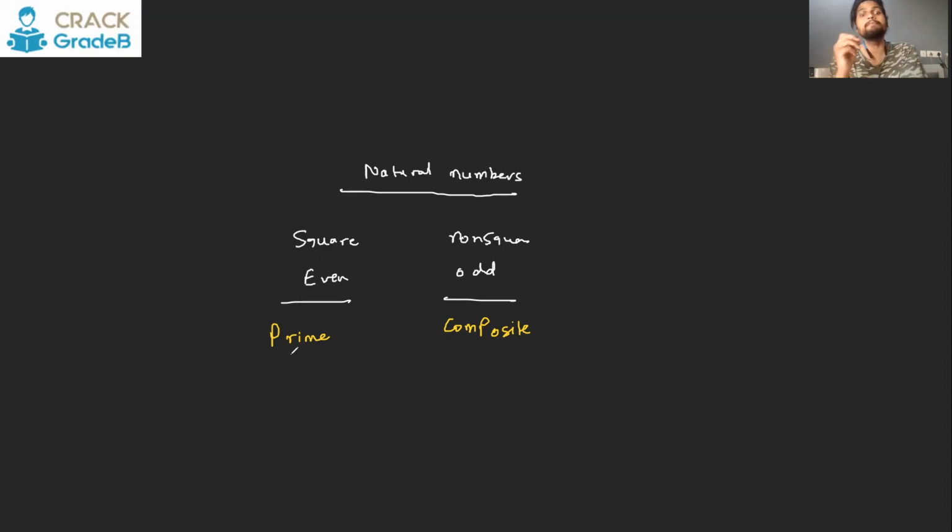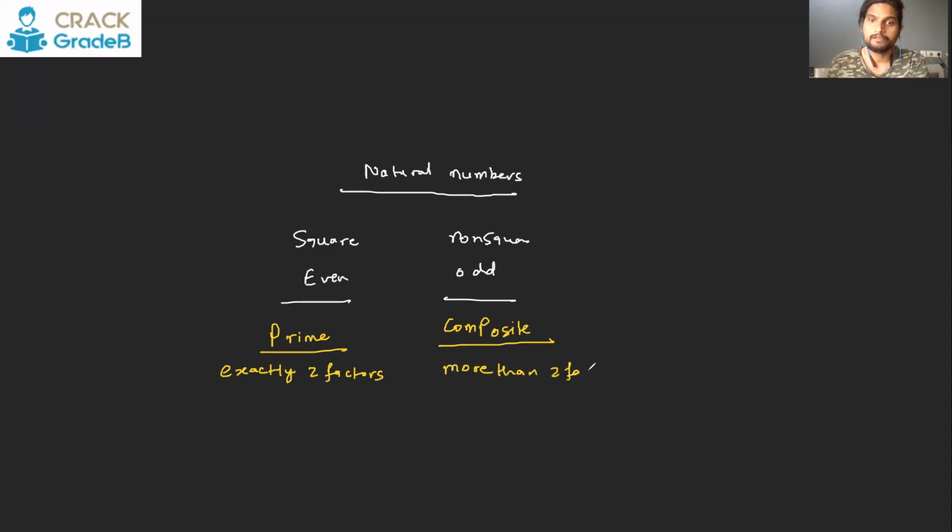So what are prime numbers? Prime numbers are those which have exactly 2 factors. And composite numbers are those which have more than 2 factors. Numbers like 2 have only 2 factors, 1 and 2. 3 also has 2 factors, 1 and 3. 5 has 2 factors, 1 and 5.